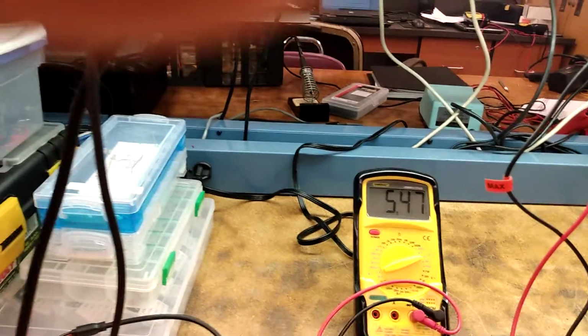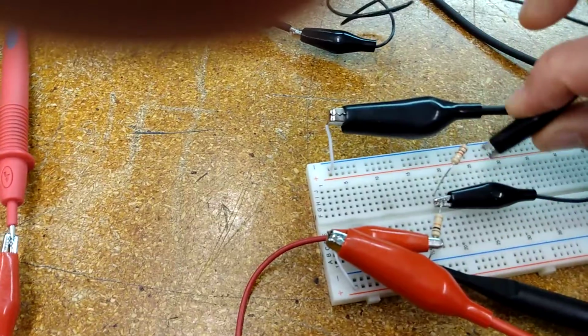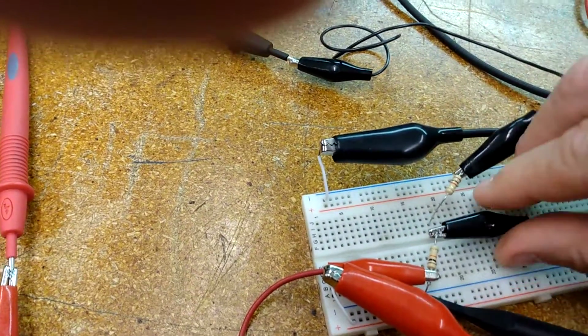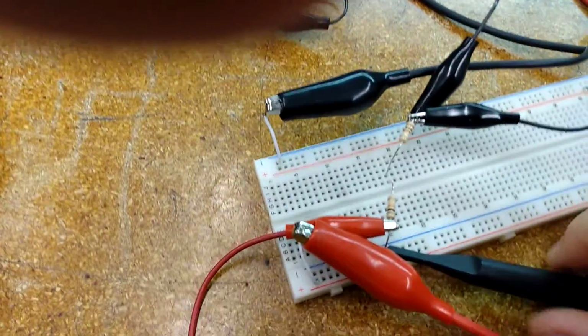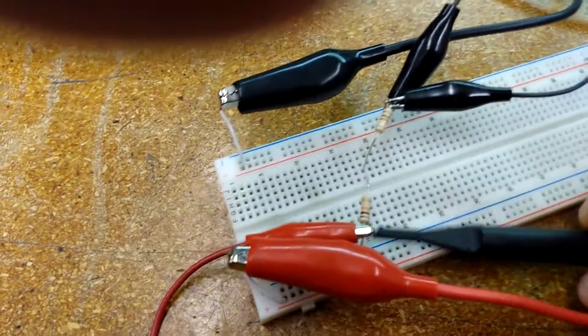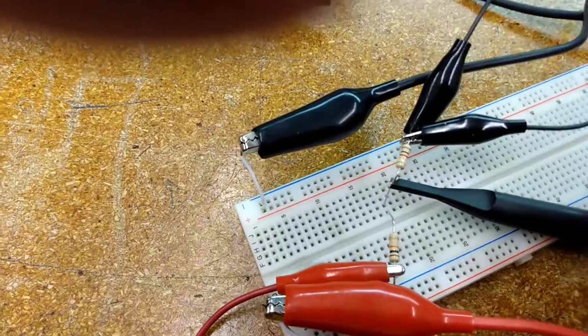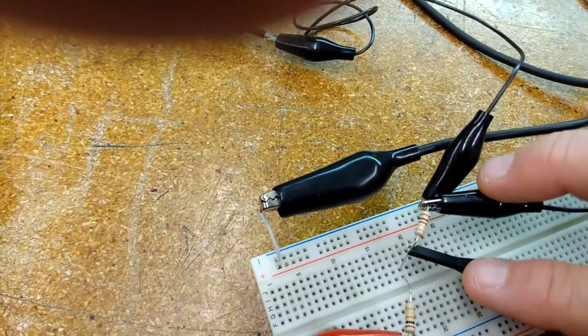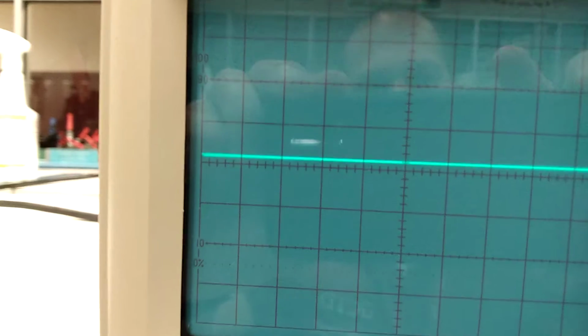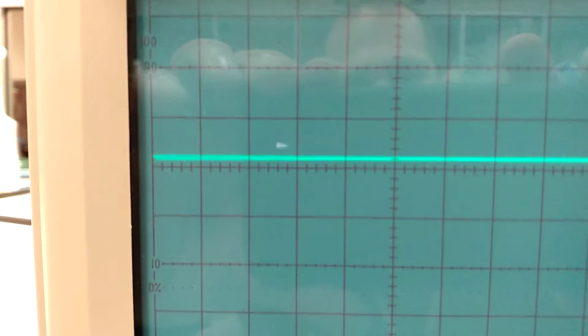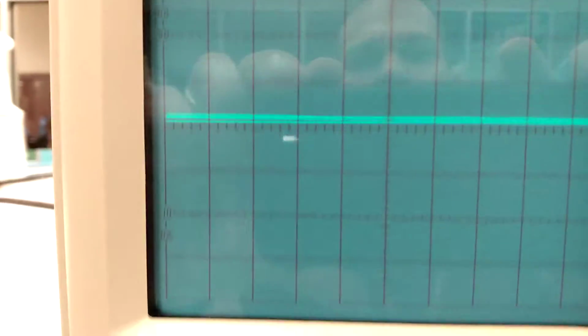Now we're going to evaluate. Let's move our probes here. We're going to bring our multimeter hook back over here, our ground hook over here, and our oscilloscope probe is going to move there. Now the oscilloscope probe is evaluating the 1k ohm, and when we look at our oscilloscope signal at the 1k ohm, we see that we're just a very tiny amount above the 0 mark there.